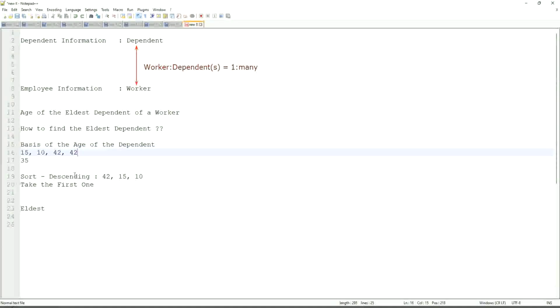Okay. But in this case, let's say, even if you have more numbers like 42, 43, 75, 82, and so on. If one worker has so many dependents, which these are their ages, will our logic that we have defined is absolutely bulletproof?